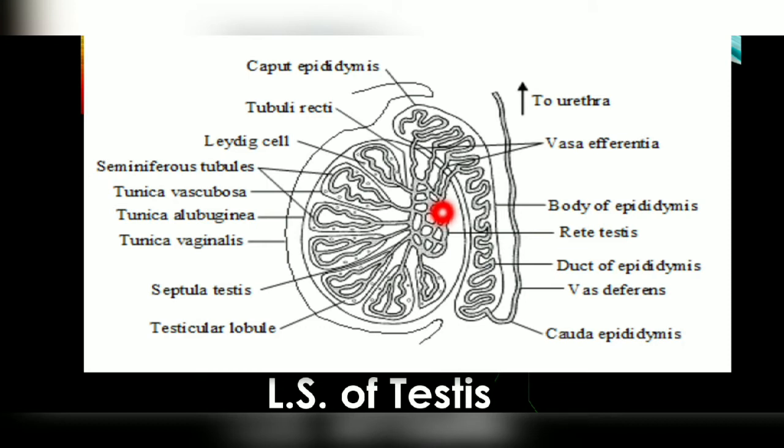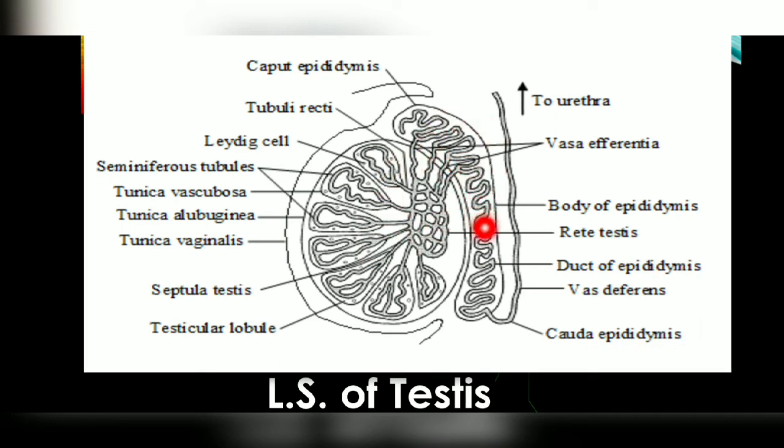Now this rete testis will open into fine ducts called the vas efferentia, and this vas efferentia opens into a highly coiled structure that is approximately 6 meters in length and is called epididymis, and it is present at the posterior end of this testis.